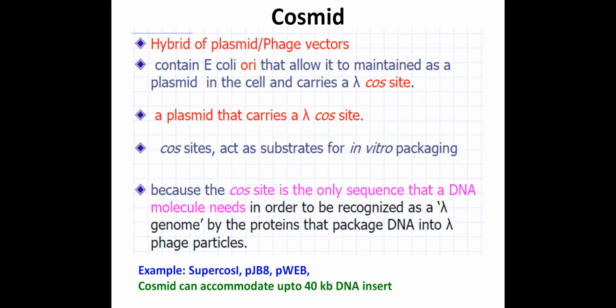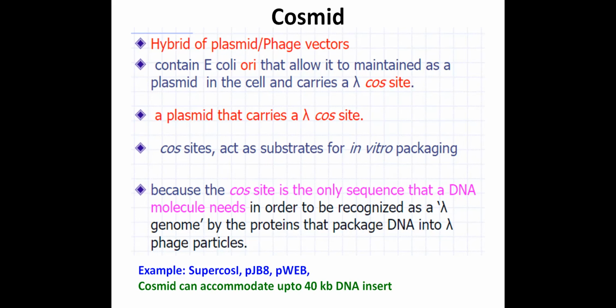Basically, why is it a hybrid? Because it contains regions of DNA from plasmid DNA and also from viral DNA. So just see, it contains the origin of replication from the bacteria, E. coli plasmid.